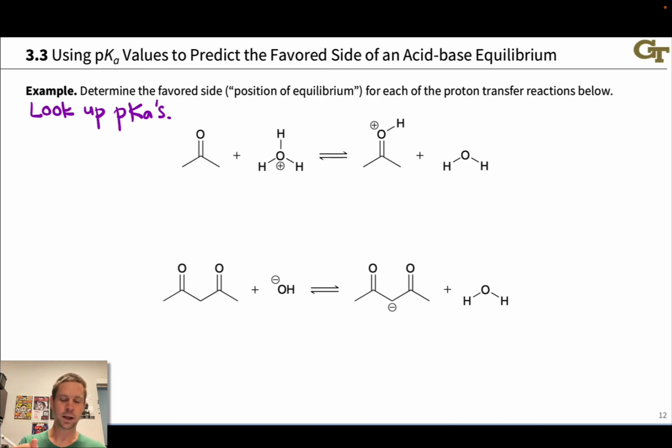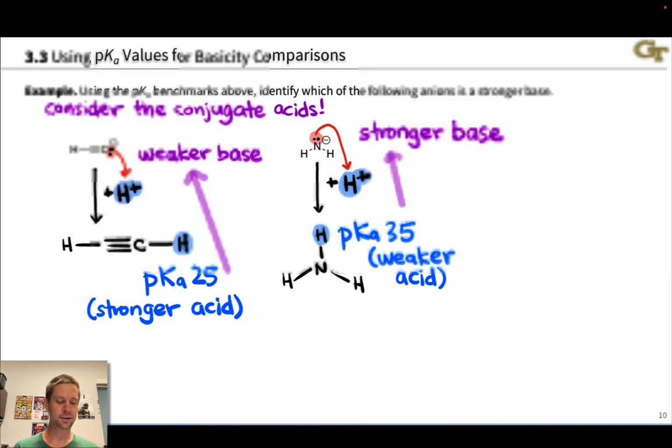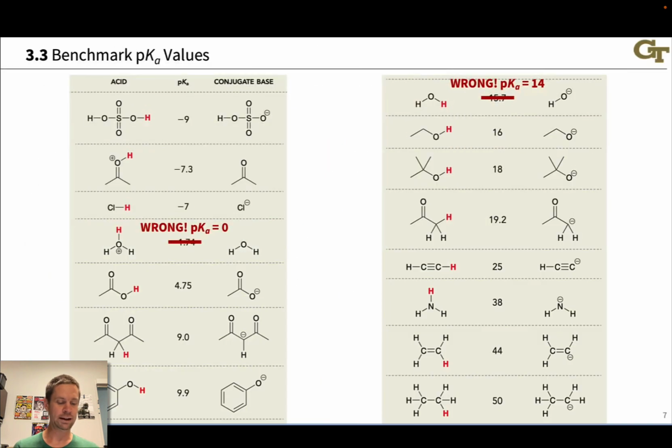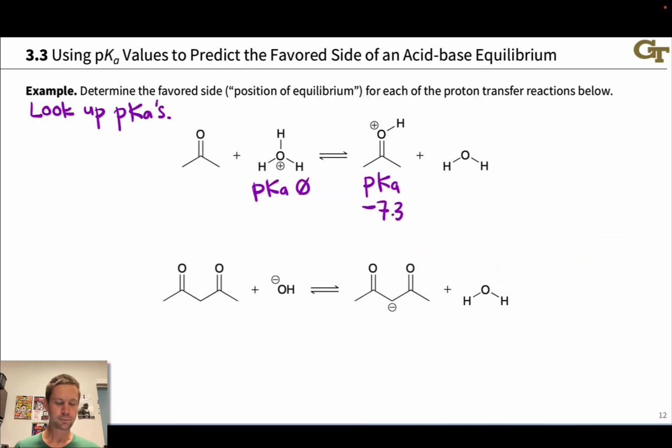So in the first case here, we have hydronium acting as an acid and protonating the oxygen of this carbonyl compound. The acid on the left is hydronium ion, its pKa is 0, and the acid on the right is this protonated carbonyl, which is in our benchmarks and has quite a negative pKa, -7.3. So this is quite an acidic species, as suggested by the positively charged oxygen atom.